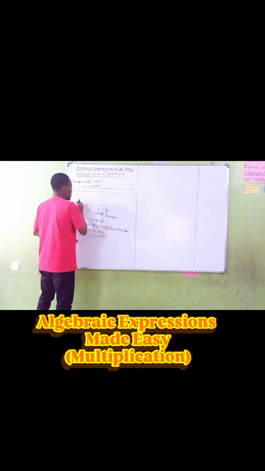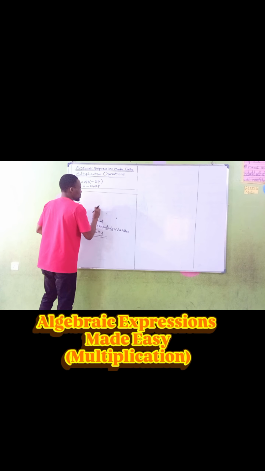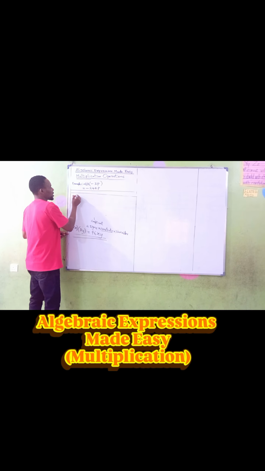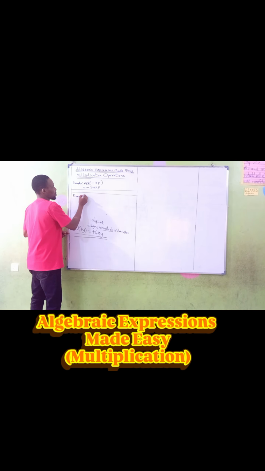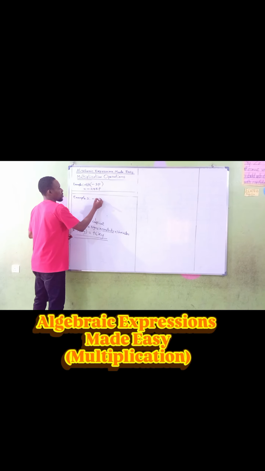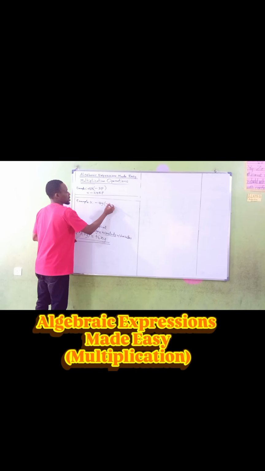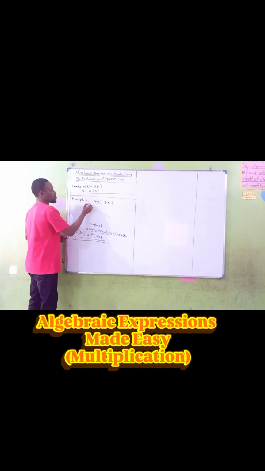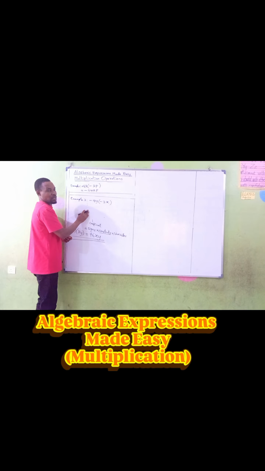Now, let's say you were given another example where the two terms are negative. Let's say this is example 3. Let's say you are given minus 4y multiplied by minus 3x. Now, how do we solve? What are the signs?